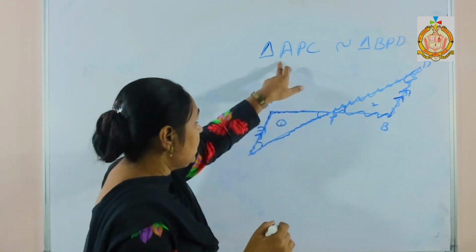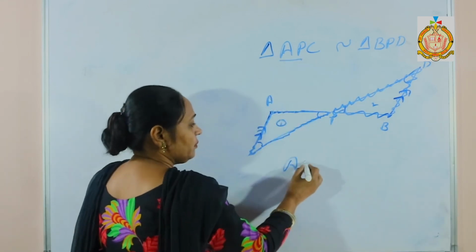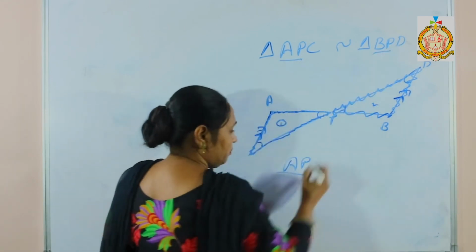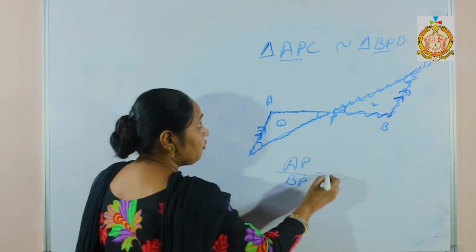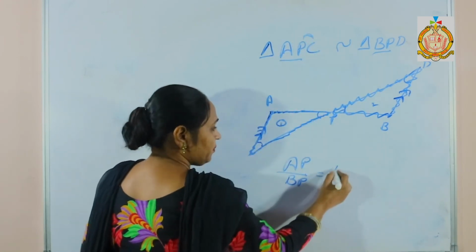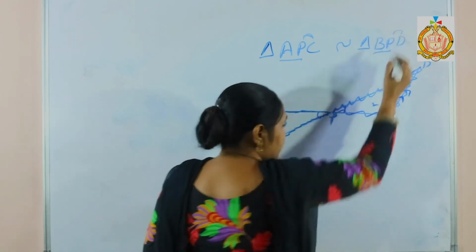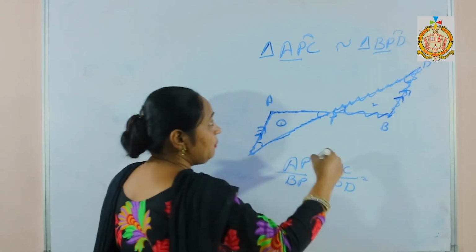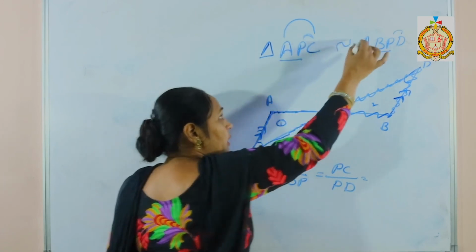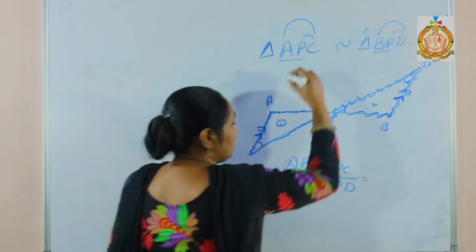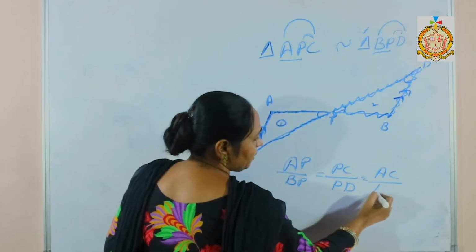Now how to write? AP upon PB is equal to PC upon PD, which is equal to, first with third, AC upon BD.